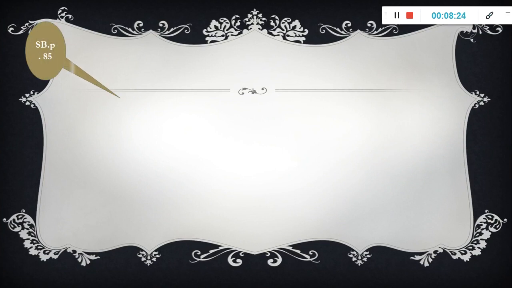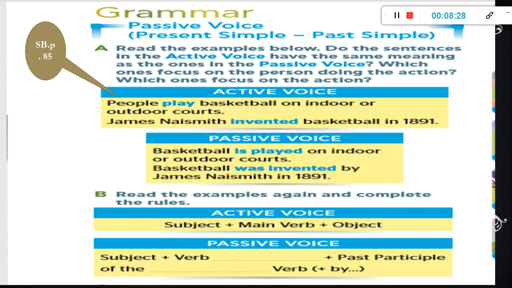Okay, girls. So now move to your student book page 85. Here, let's complete the rule. Read and complete the rule. Okay, girls, let's complete this rule here. So the passive voice is subject plus verb to be plus past participle of the main verb.